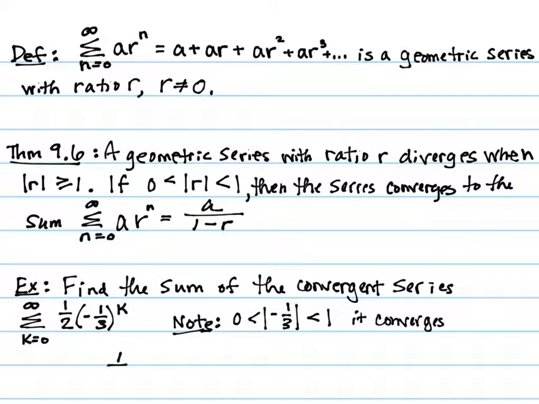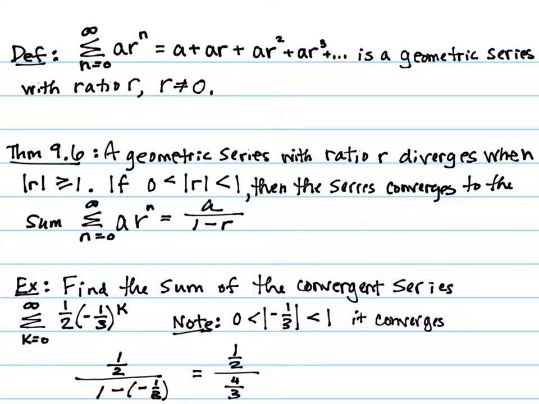So we've got 1/2 for a over 1 minus r, and it is 1 minus negative 1/3. So it's not the absolute value, right? It's not the 1/3. So we do want to be careful about that. We're just doing the absolute value to decide if it converges or not. So on top I have 1/2. On bottom I have 4/3.